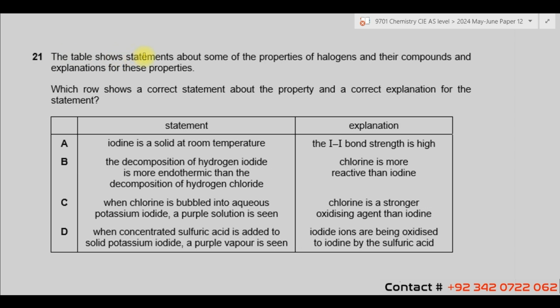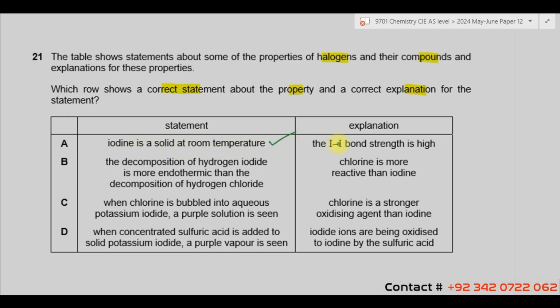Question 21. The table shows statements about some of the properties of halogens and their compounds and explanations for these properties. Which row shows a correct statement about the property and a correct explanation for the statement? Let's see the statements and their explanations. First one is that iodine is a solid at room temperature.